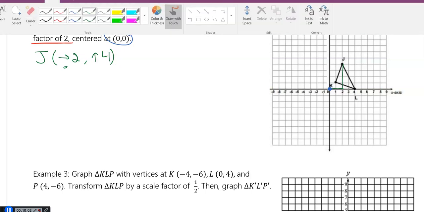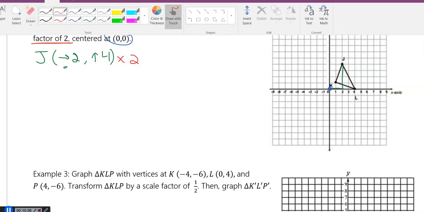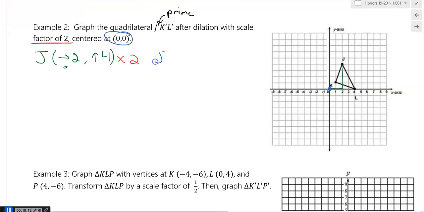Okay. And then we're going to multiply that by 2. So then J prime is over, right, 2 times 2 is 4, over 4, 4 times 2 is 8, up 8.